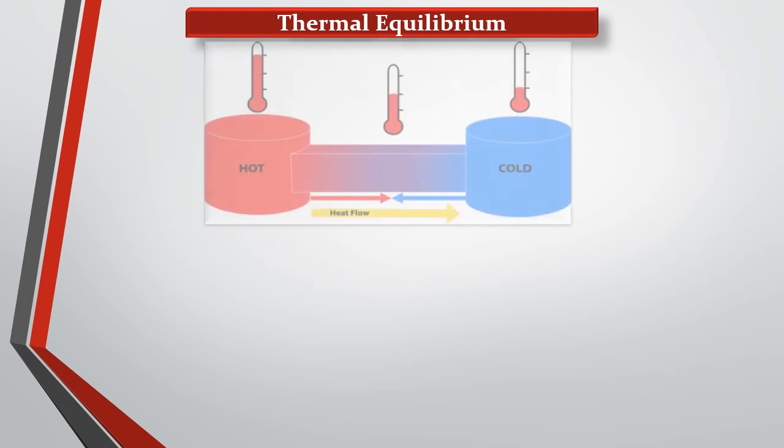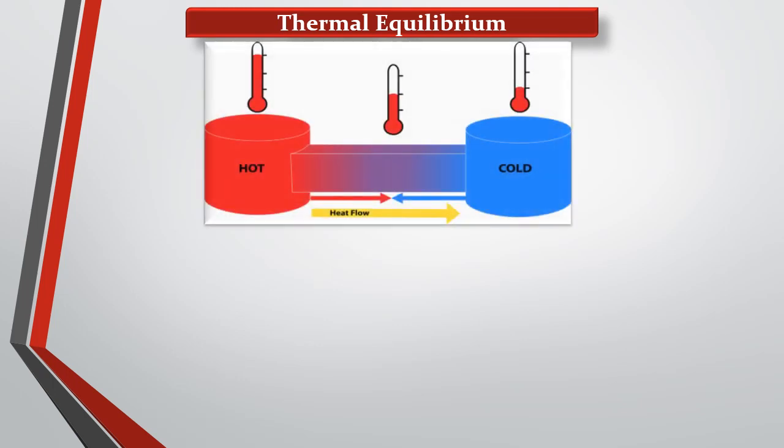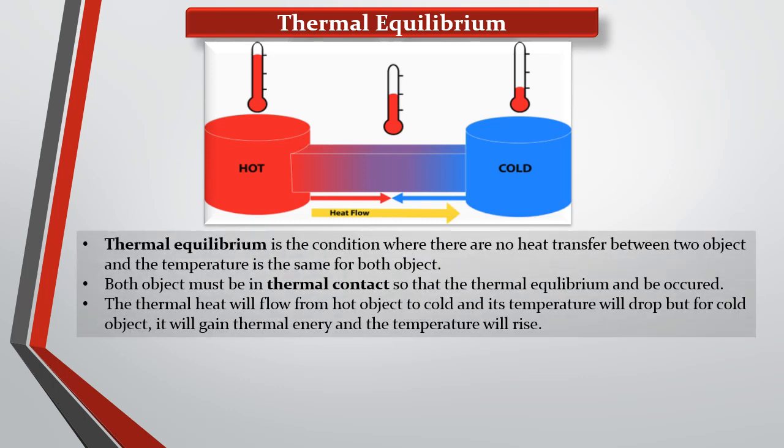Thermal equilibrium. So this is the diagram I provide to you to assist you for better understanding and to help you get the clear picture of what I'm trying to explain to you later. Okay, thermal equilibrium is the condition where there is no heat transfer between two objects.